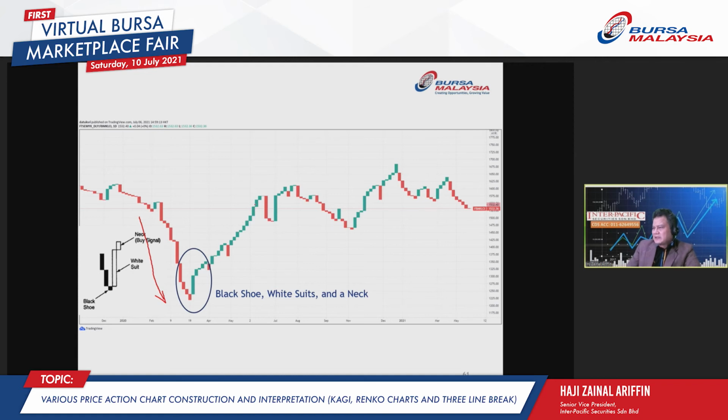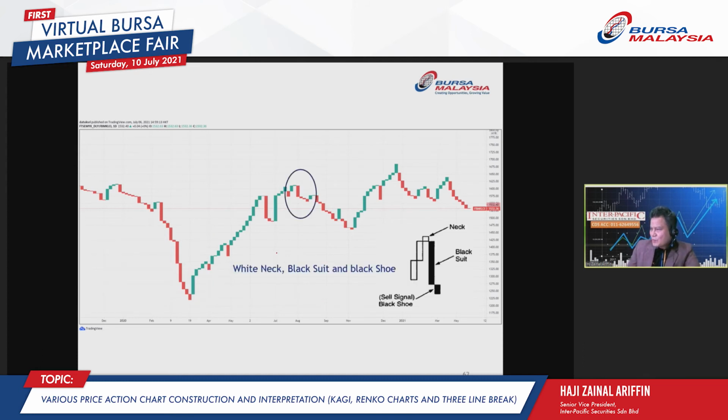And here also there is a white neck, black suit, and also a black shoe, and the price comes all the way down. So this is a very powerful pattern that will show you the reversal.